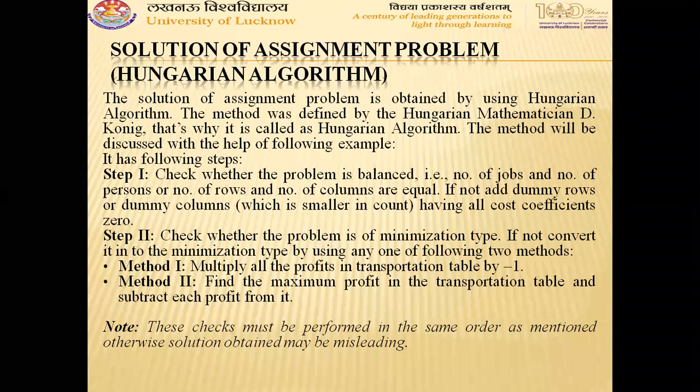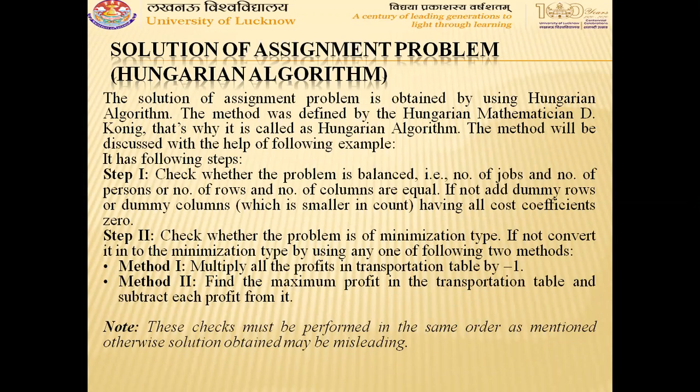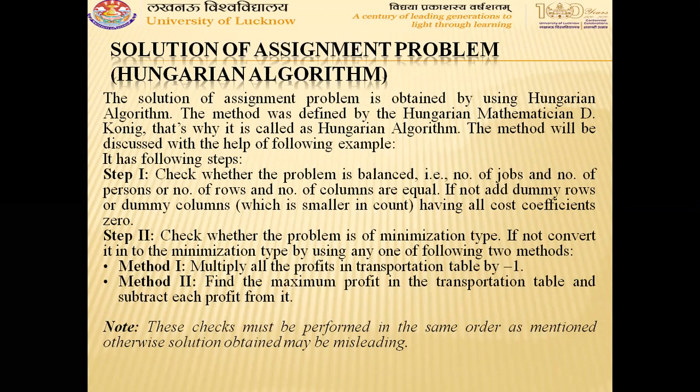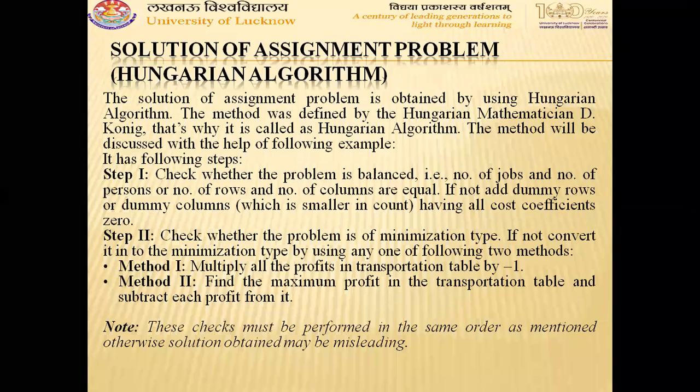It has some steps. First step is to check whether the problem is balanced. Balanced means the number of jobs and number of persons must be equal. If the problem is not balanced, a dummy row or column, whichever is smaller in count, is added with all cost coefficients 0.